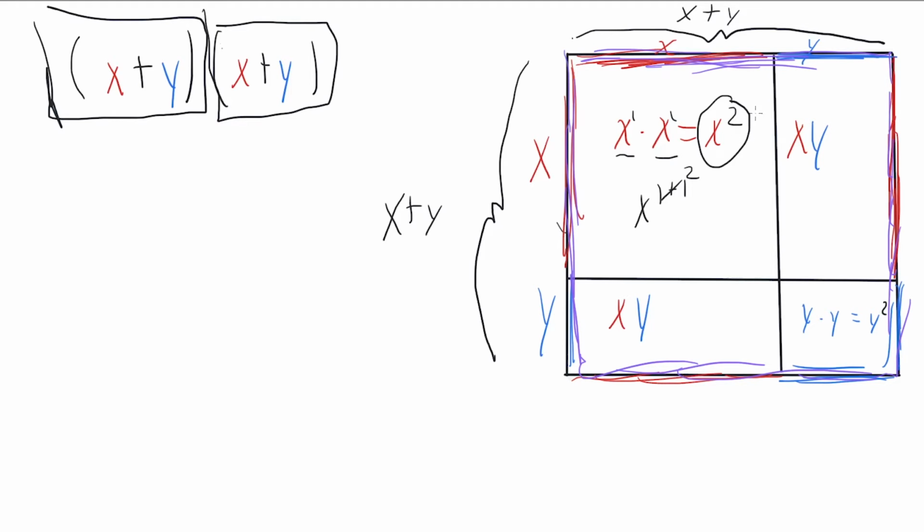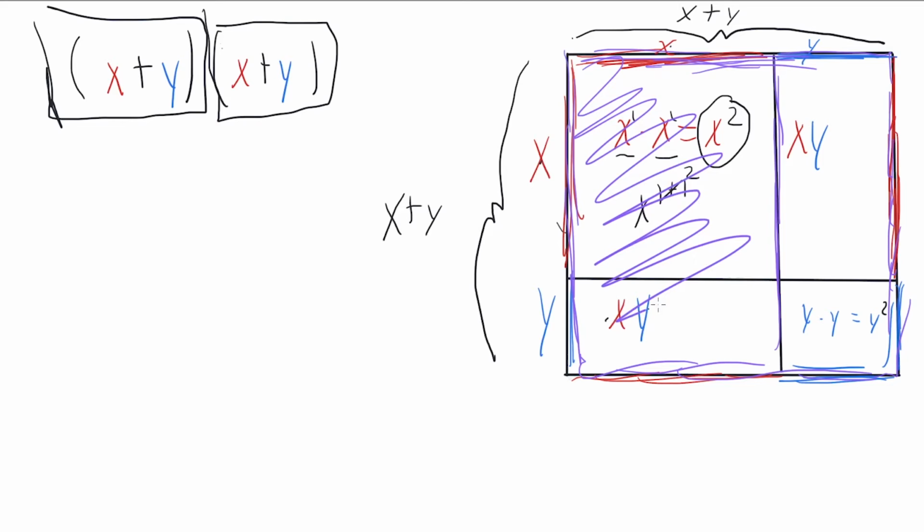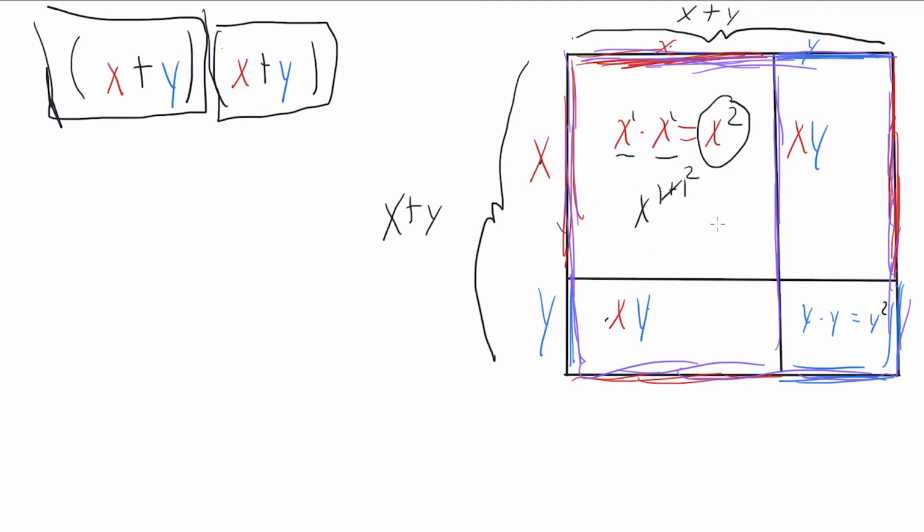So if we add each area, let's focus on x times x and x times y. Referring to this section of the square, if we were to add x squared, this area, with xy, then as you can see here, we would know the total area of this section, the one that I'm outlining.